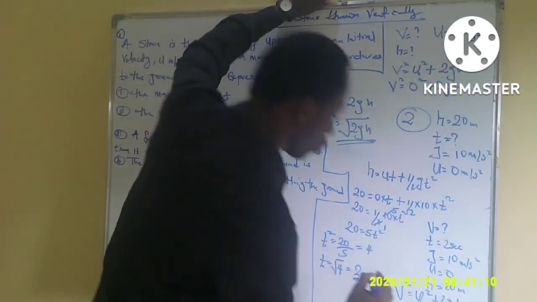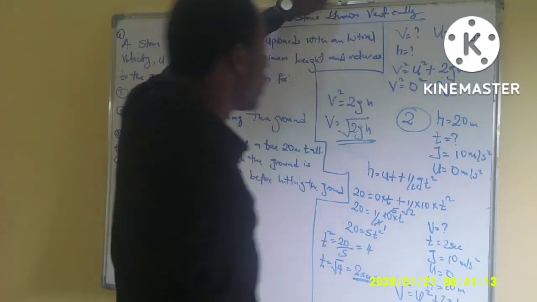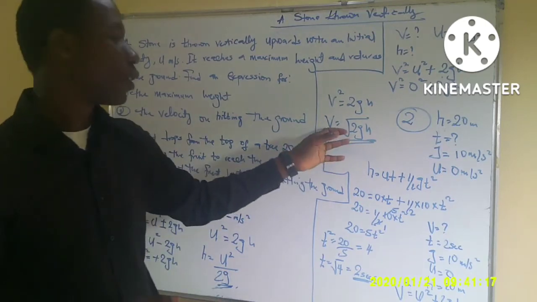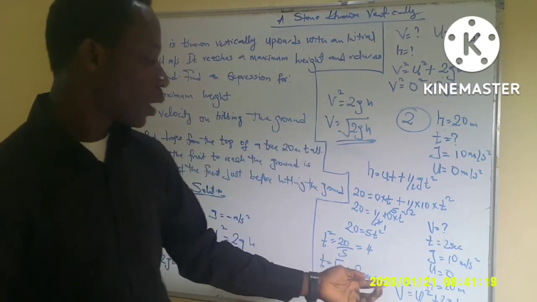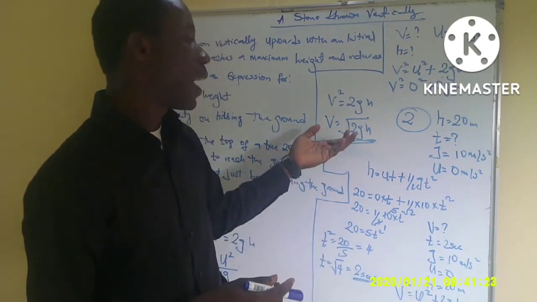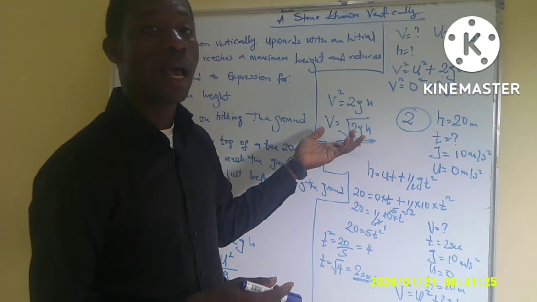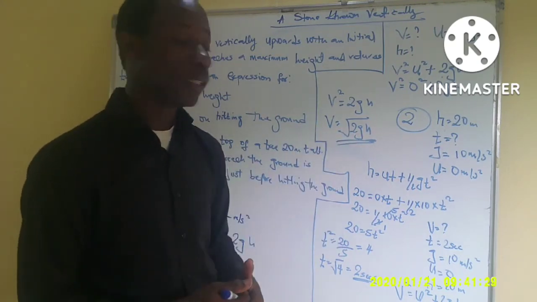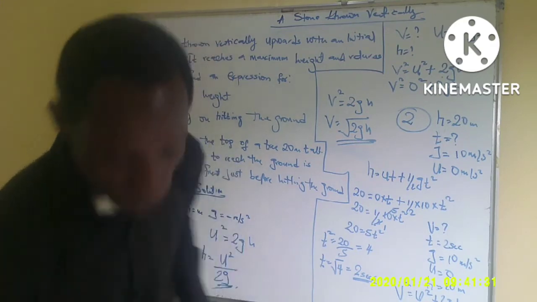Since u is equal to 0, it automatically brings us to this formula, which gives the velocity of an object just before hitting the ground. So let's use this formula directly.